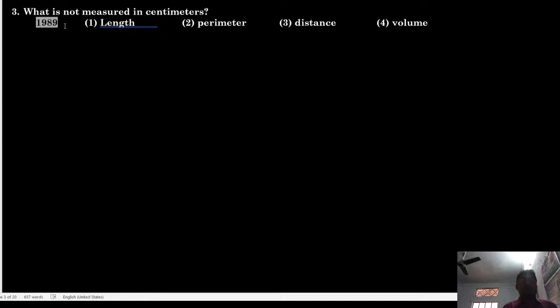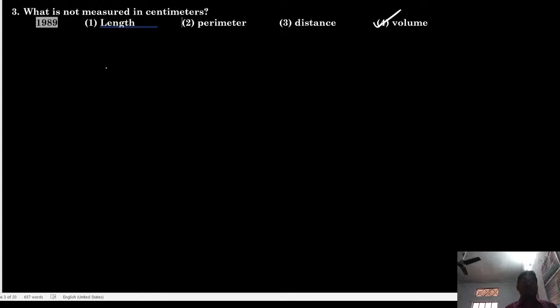Length, perimeter, distance, these all can be measured in centimeters, but volume is measured in cubic units. So that's why option 4 is correct.